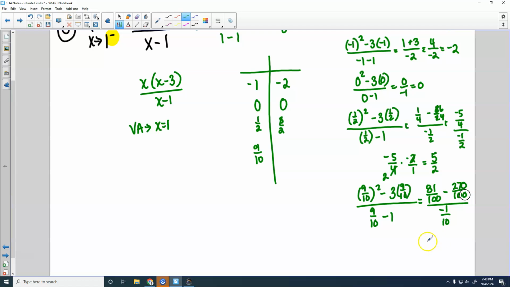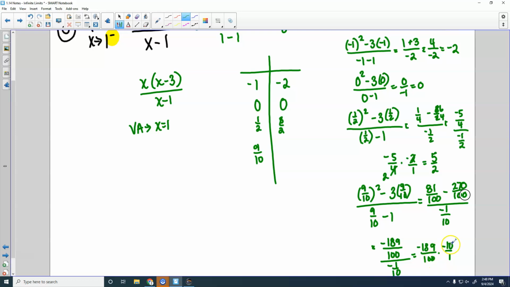That's going to give me negative 189 over 100, over negative 1/10. So 189/100 times negative 10/1.